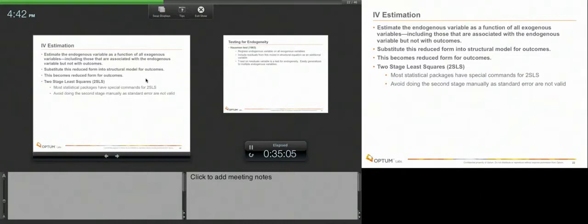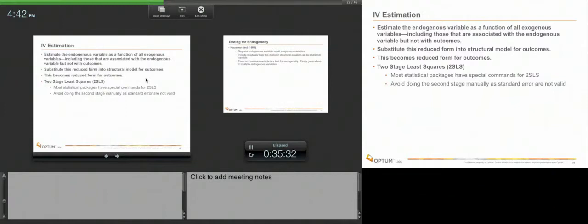So an example would be we would take drug choice for antidepressants, for example, and run a regression with drug choice as the dependent variable and all of our explanatory variables predicting it. But then in our outcome equation, instead of using the dummy variable for the drug, we would use the predicted probability that that patient got that drug.